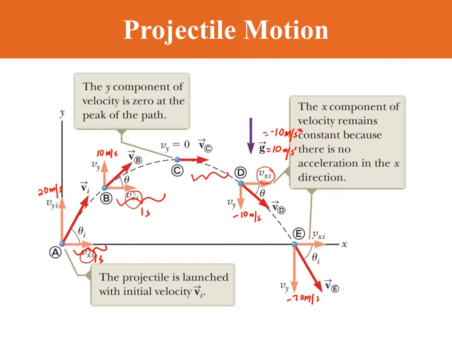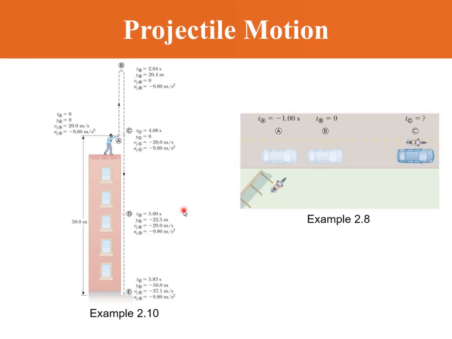So basically projectile motion is the combination of the up and down motion as you learned in chapter 2, example 2.10, combined with motion in the x-axis, as you learned in example 2.8.